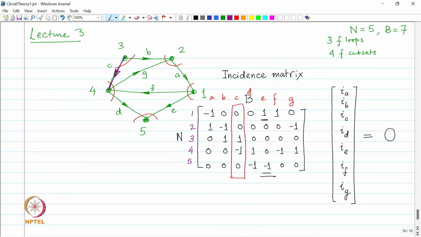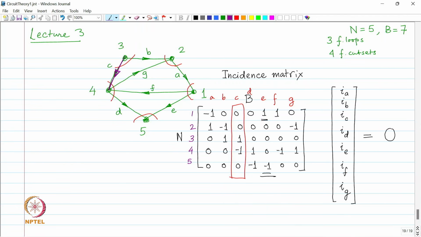Okay. And branch C can't start at more than one node, so there is only 1 plus 1, and branch C can't end at more than one node, so there is only 1 minus 1, and therefore every column adds up to 0 guaranteed.